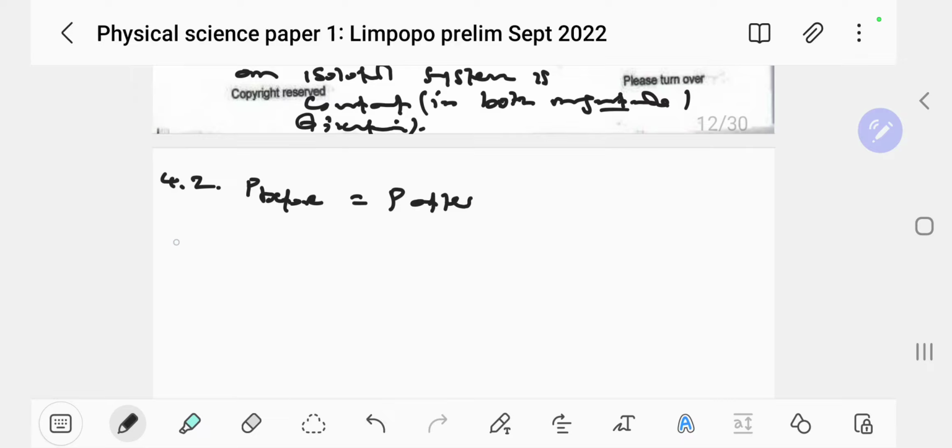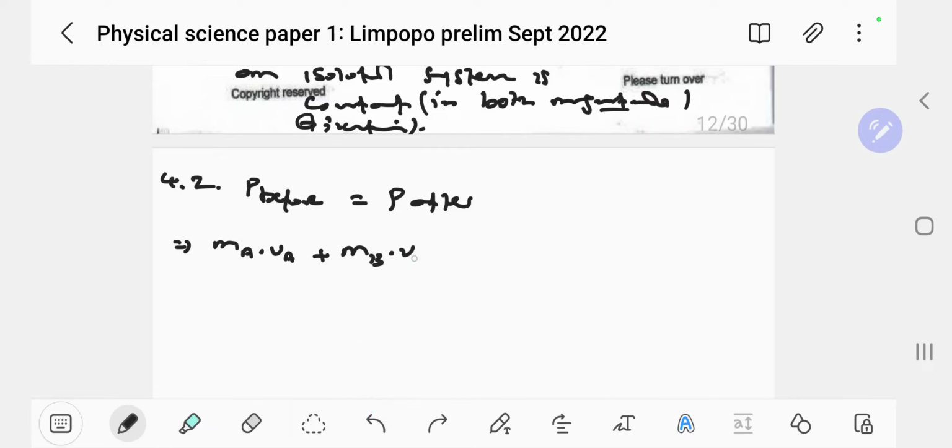This implies that the mass of object A multiplied by the velocity of object A, plus the mass of object B multiplied by the velocity of object B. Those are the initial velocities, by the way. Let's adjust that, because we will have a problem if we don't.